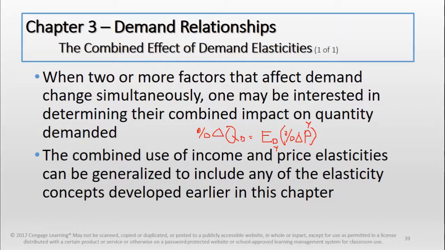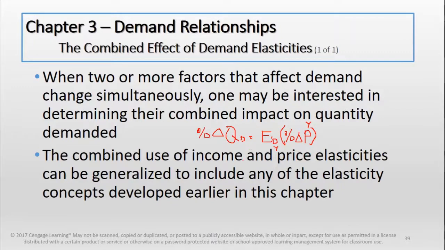Now, assuming that the price and income effects are independent and additive, the quantity demanded in your next period, because there is a change, would equal the current period demand plus the changes caused by your price or income. So basically your price formula plus your income formula. It is like your percentage change in quantity demanded.